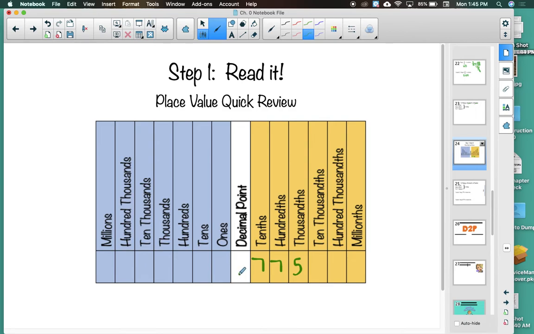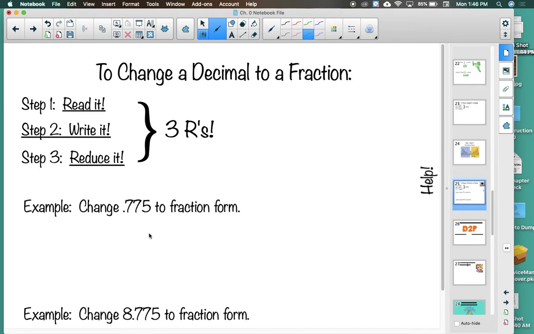This number will be read as 775. The 5 is in the thousandths place, so it's 775 thousandths. So I read it, I write what I hear, 775 thousandths.